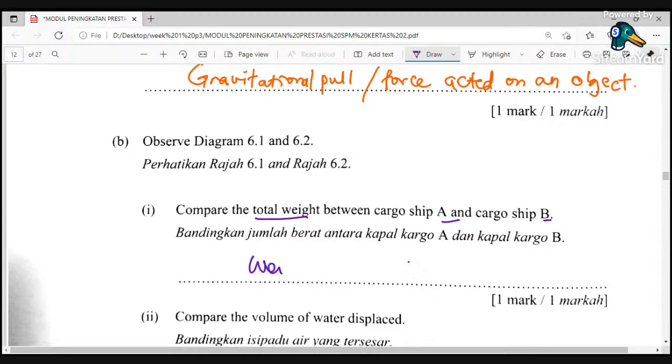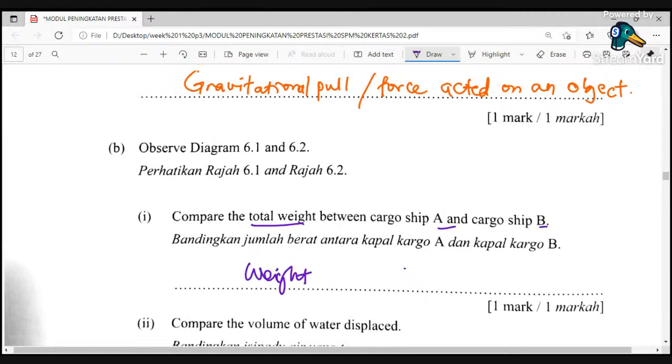So weight of ship B is larger than ship A. Okay.